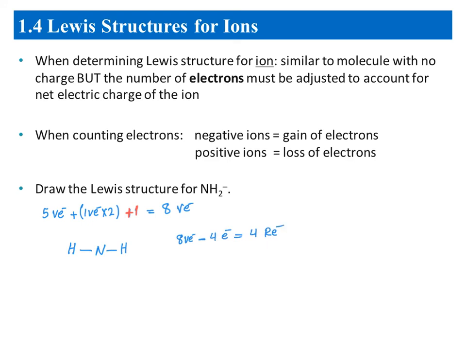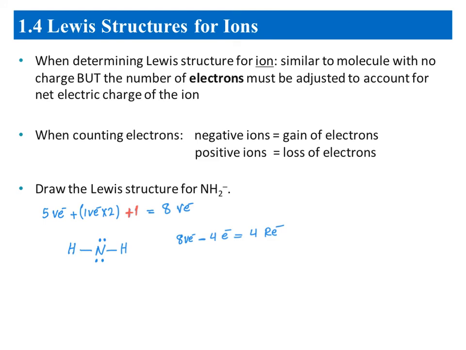Then I need to put these remaining electrons on a heteroatom, and I have nitrogen here that can take these electrons, so I put them on it. Then we check the octet: hydrogen gets duet, we know that, and nitrogen has octet.